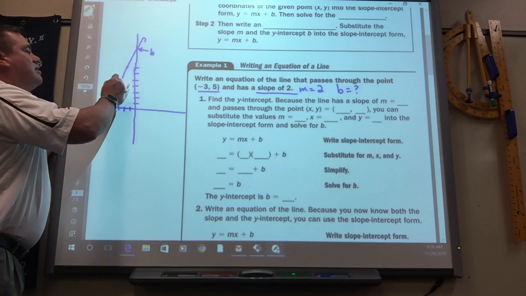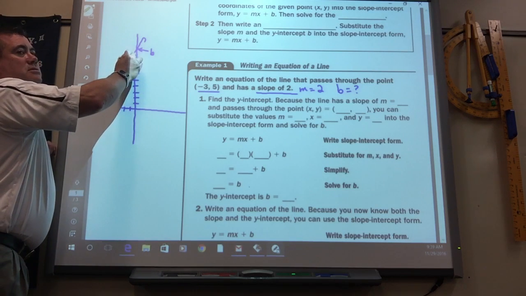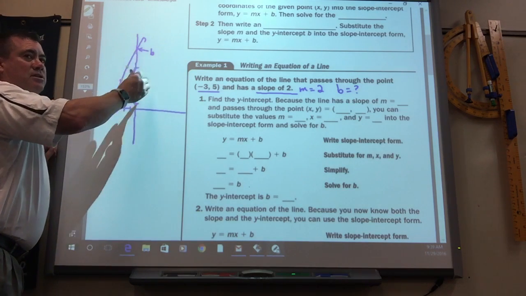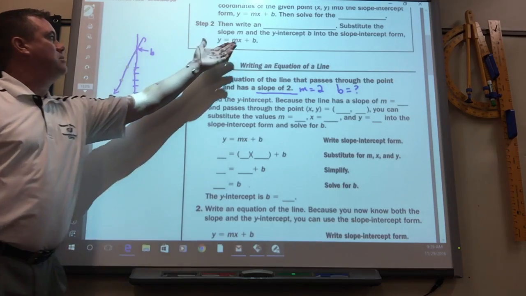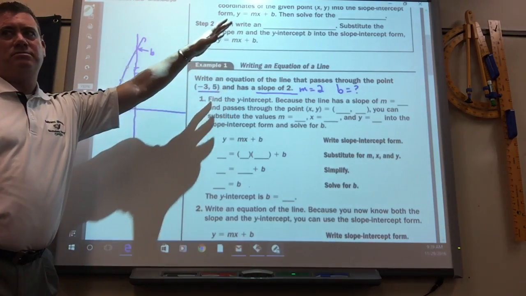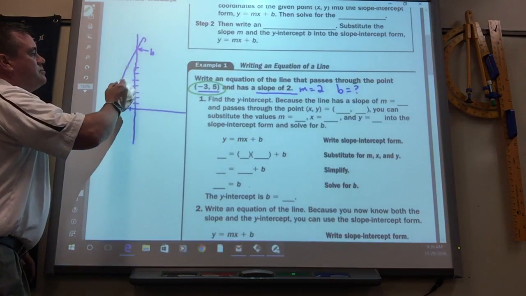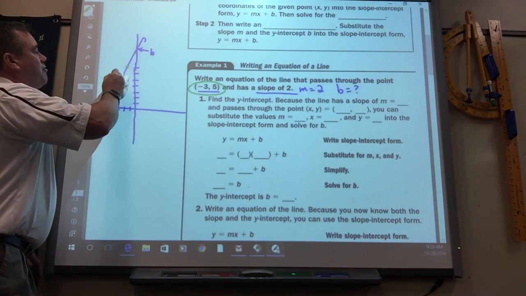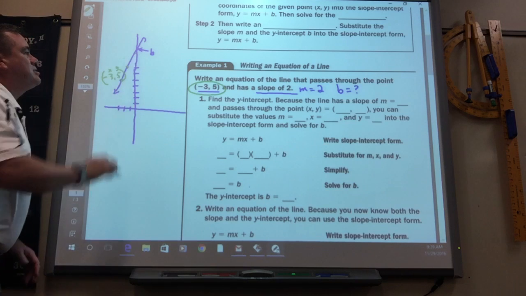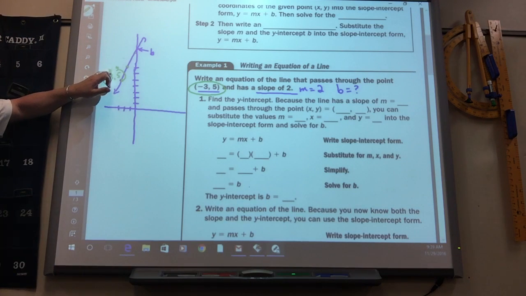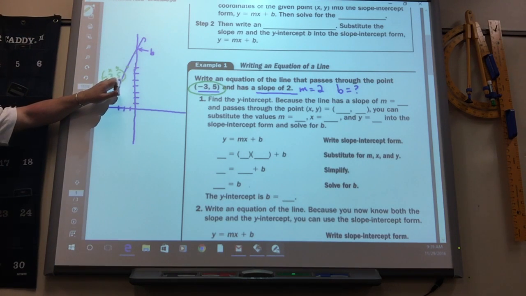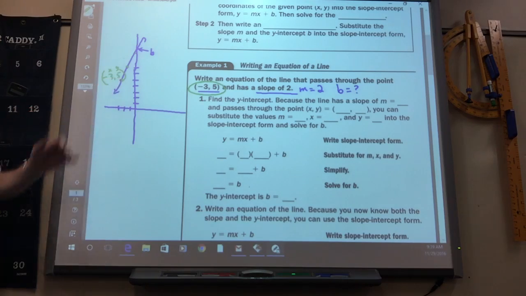Every point on this line is a solution, which means if you plug it into the equation, it's going to be true. All right? So that means they give us one of the solutions at negative 3, 5. That means if I plug negative 3 in for the x, the y is going to end up equaling 5. All right?